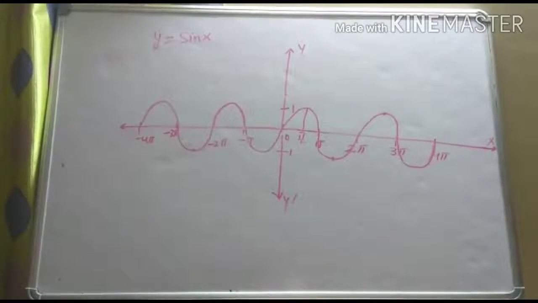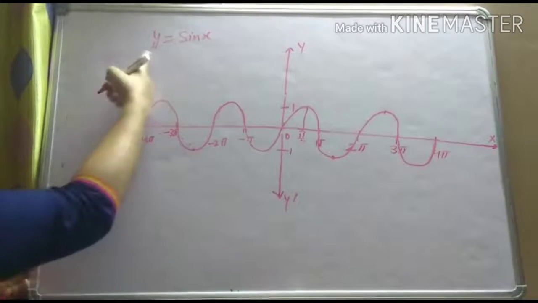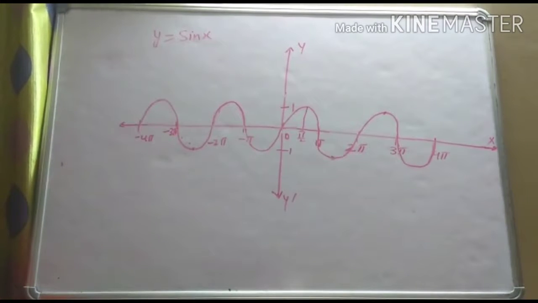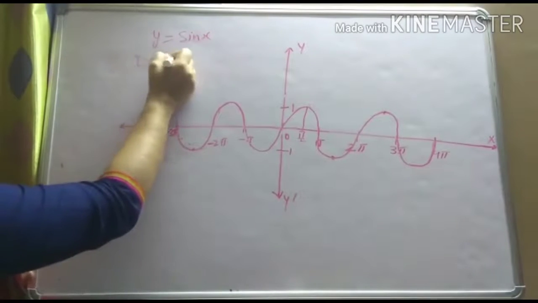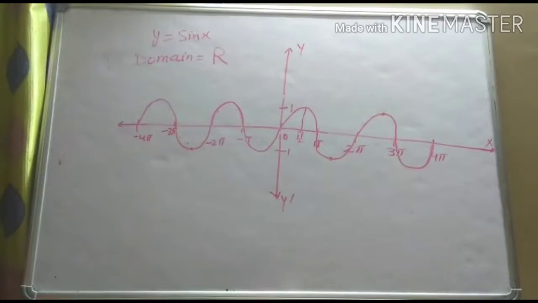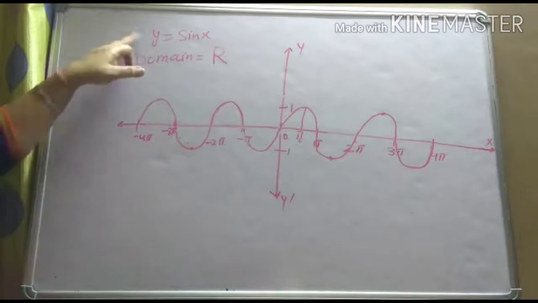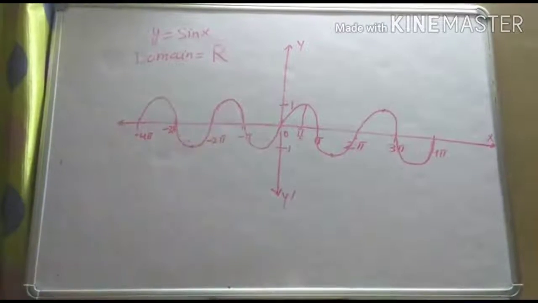Now what is the domain and range of the sine function? Y is defined for all real x. Therefore, the domain of sine x is all real numbers. And for all x, y lies between minus 1 to 1.